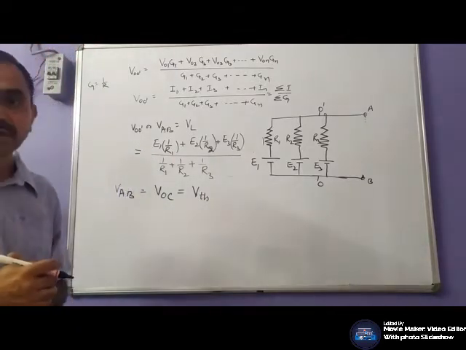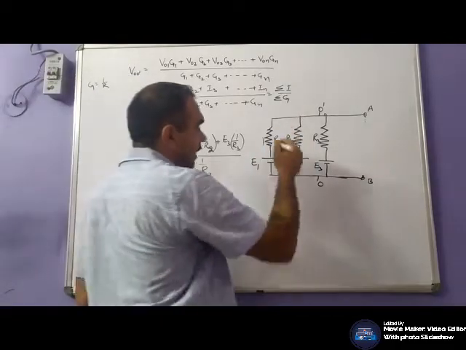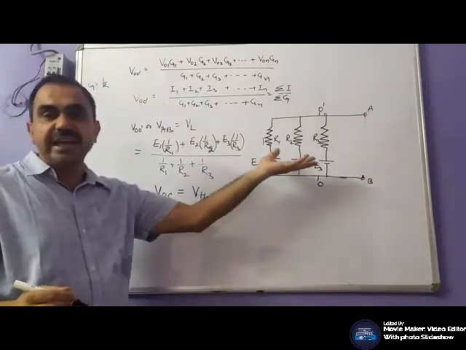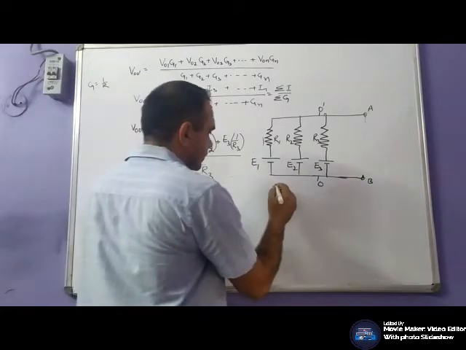Next, to find out the equivalent resistance, replace all the sources with their internal resistance.